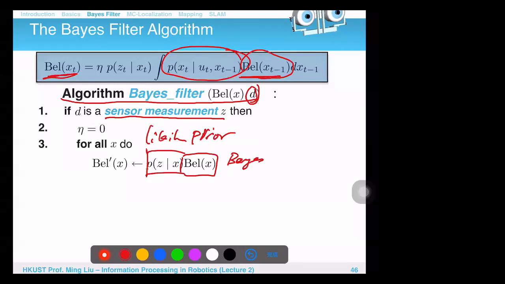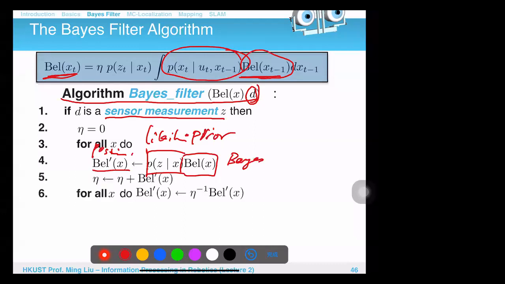Prior times likelihood is proportional to the posterior. The posterior will give you the new belief. Then you need to add the normalizer back, otherwise it's not totally proportional to the original evidence. So this is added as a new evidence.